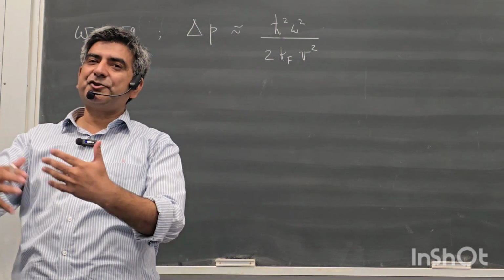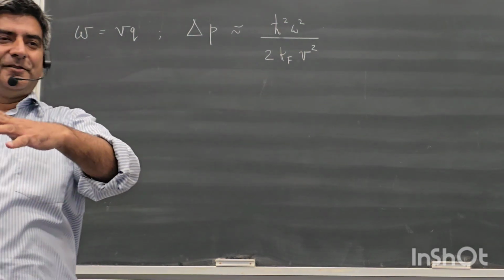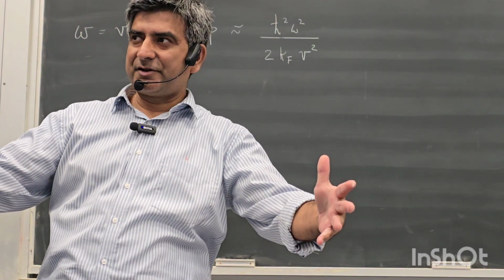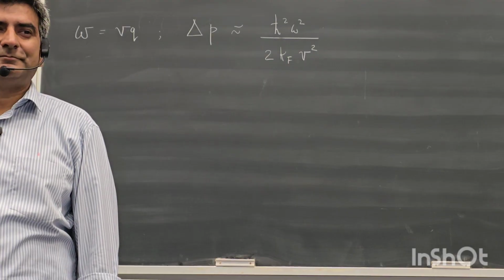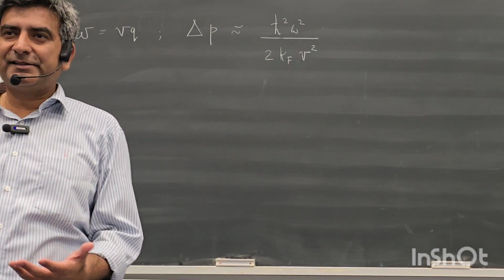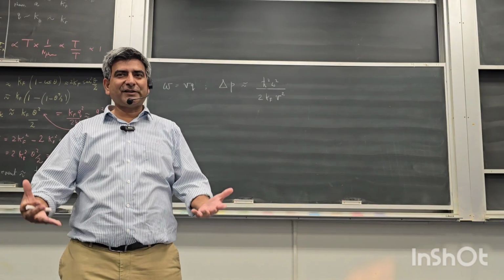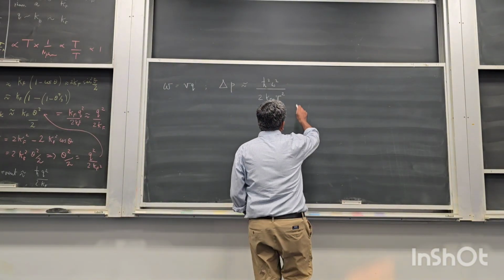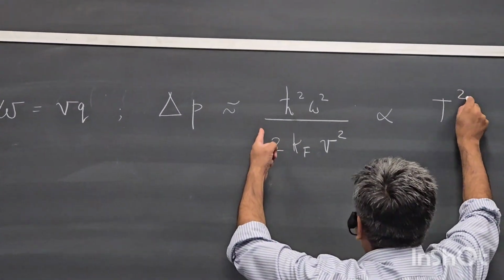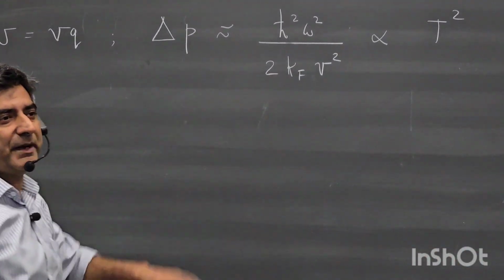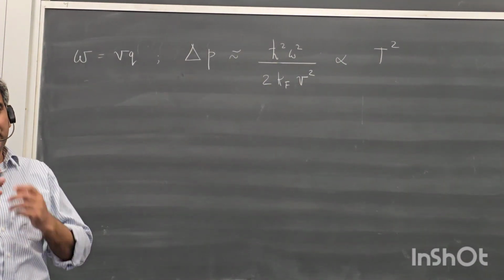Now what's the typical energy of a phonon at a temperature T? Yesterday's lecture, what's the typical energy of a phonon at temperature T? kBT. The typical energy scale of a phonon at temperature T is kBT. So now you're going to take the square of that energy. This factor has to be proportional to the square of kBT, which is proportional to T squared. So the loss in momentum for a single scattering event is of the order of T squared.